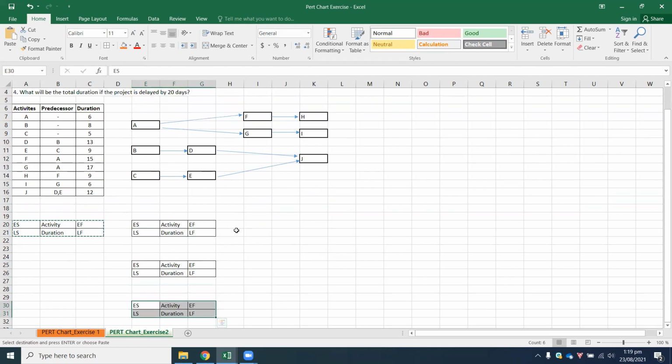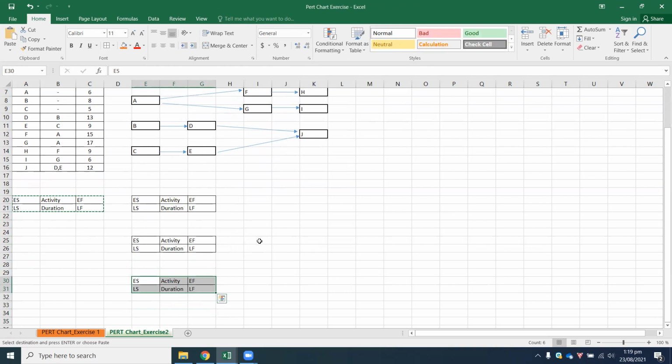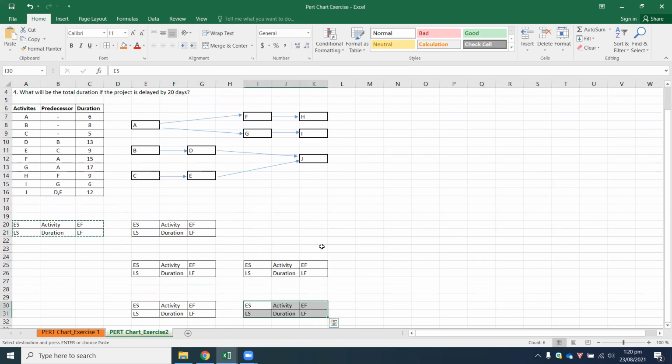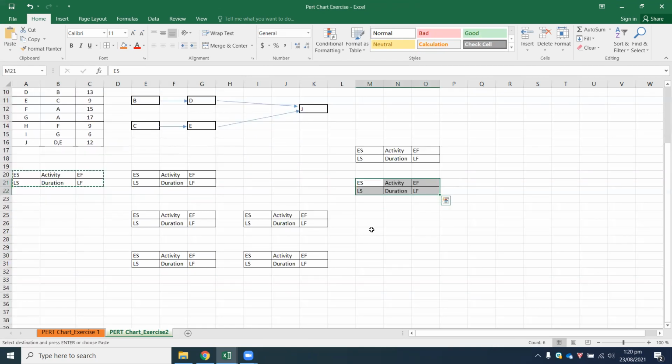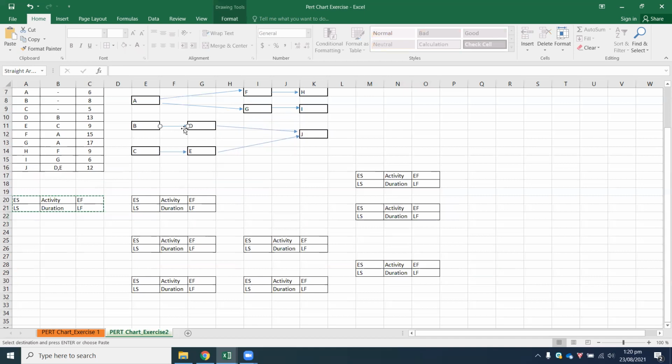Okay. And for activity B, you have something like this. For activity A as the predecessor, you have something like that. And activity J, I might have it like this. Better it goes in the middle. There you go. And quickly, I'll go and place the arrows.